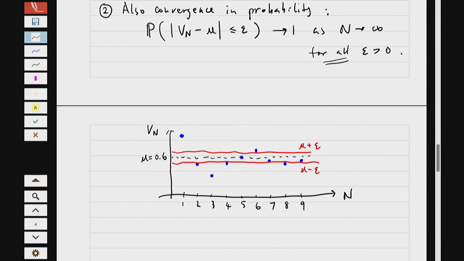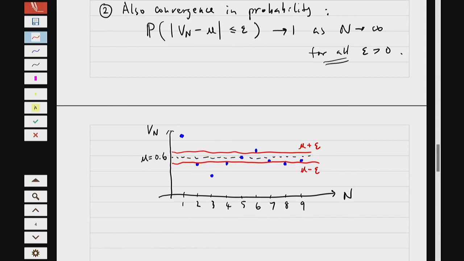So basically, what this is saying is that I want my Vn to be within this bound for some given epsilon. That means the distance between Vn and mu is less than epsilon. The event inside the probability is the same as saying that Vn is inside this bound. It's that close to mu.